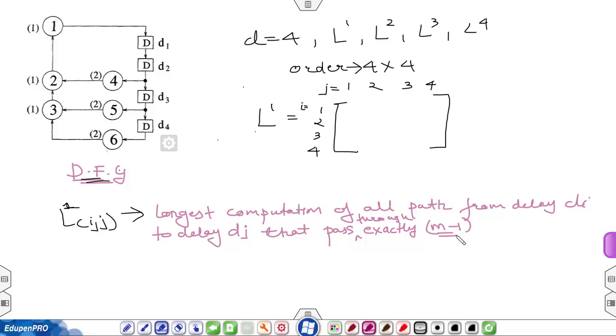This thing is important, m minus 1. So m is 1, so 1 minus 1 is 0.